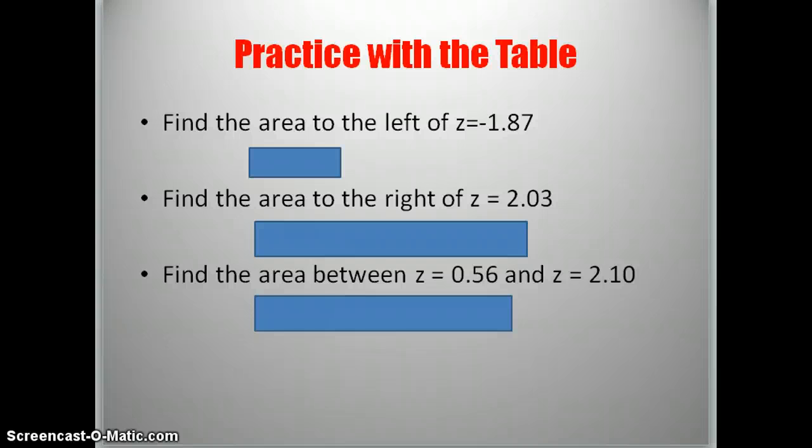Okay, hopefully you didn't see those answers yet because I wanted to hide them from you until we went ahead and found the areas from your table. So take a moment right now and let's find the area to the left of z equals negative 1.87. So go ahead, use the table that you have in front of you. We want the area to the left of that value.